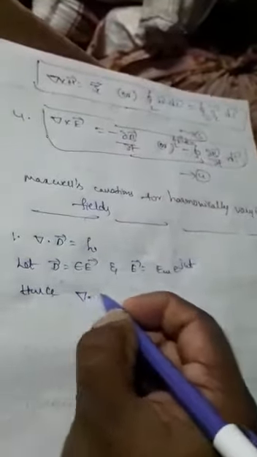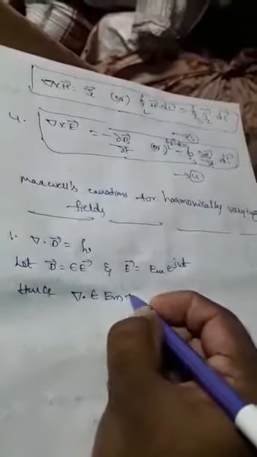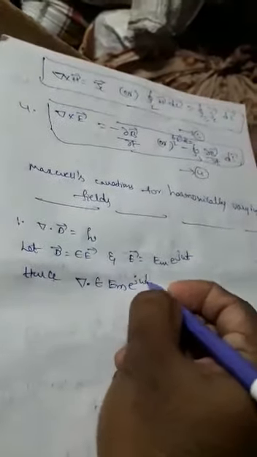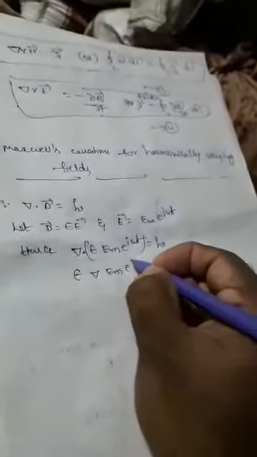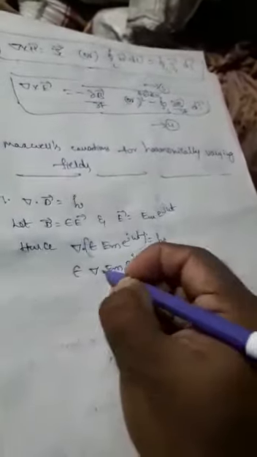Hence, divergence of epsilon Em into e to the power of j omega t is equal to rho v. Epsilon is constant, so epsilon times divergence of Em e power j omega t is equal to rho v here.